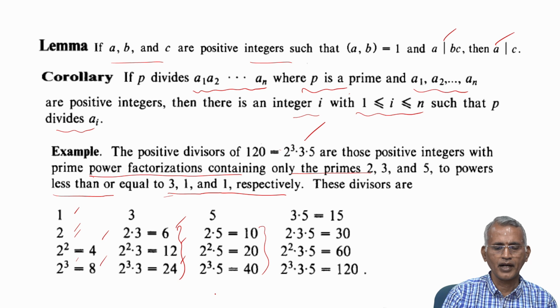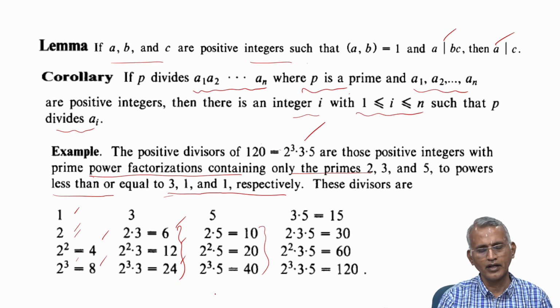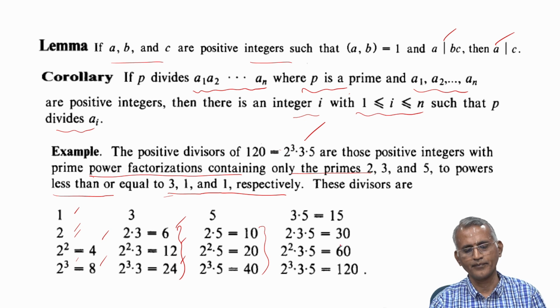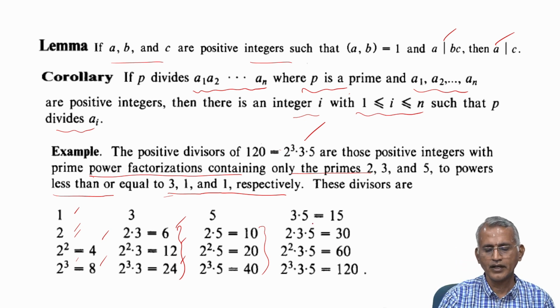Therefore, prime power factorization containing the primes 2, 3, 5 with powers less than or equal to 3, 1, 1 respectively. So 3 into 5 is 15, and 2 cube into 3 into 5 equals 120.